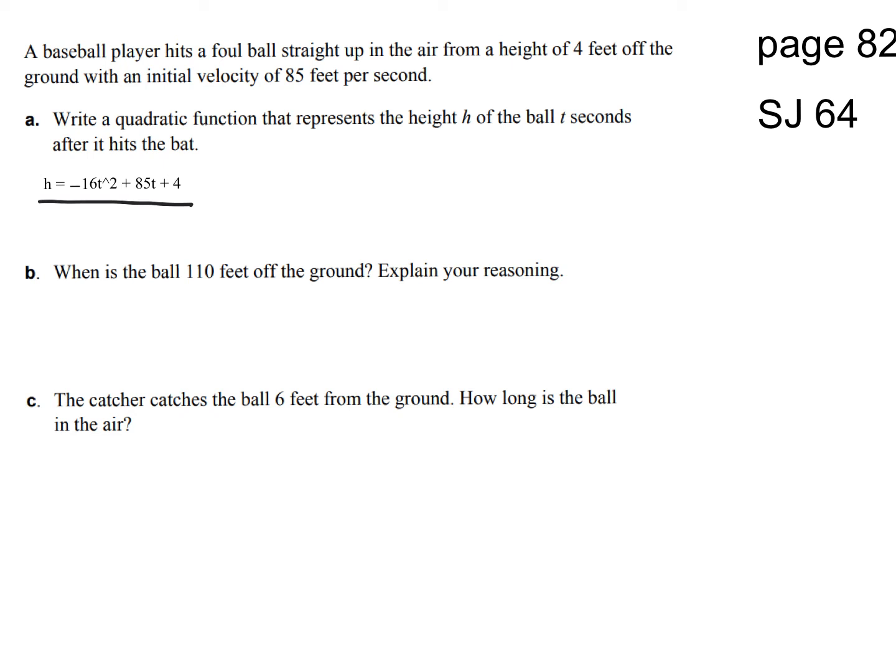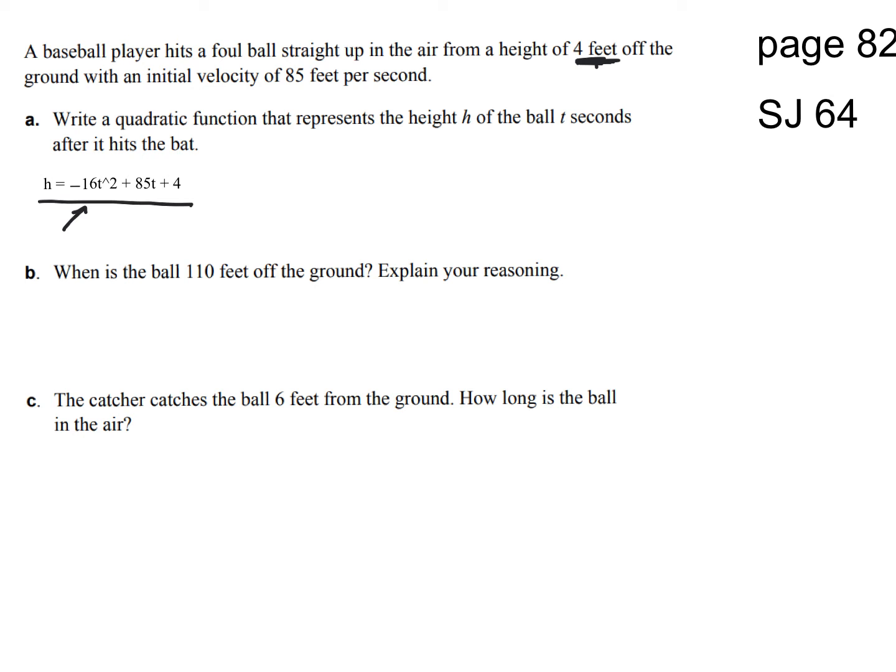I won't ever ask you to come up with a quadratic function from a sentence like that, but I can tell you that the initial height is your y-intercept. The 85 feet per second will always be beside your t. And then this negative 16 is always your a value in these types of problems. So that's the answer to letter A. I'll always give you the equation though.